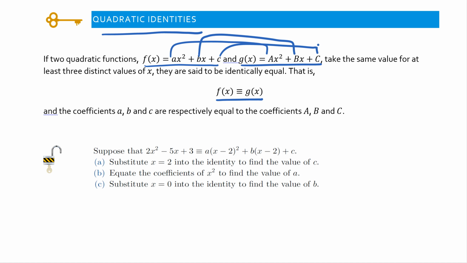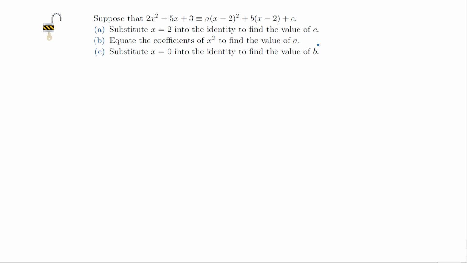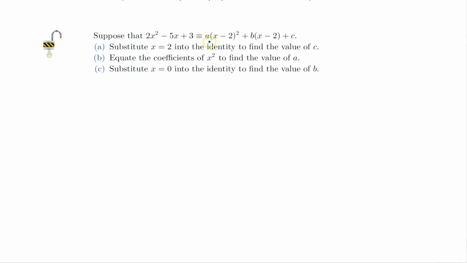So if we look at this example just here, where it says that 2x squared plus 5x minus 3 is identical to a quadratic written in that method there, we've got a way of doing that based on what we know already, which is that we could take the right hand side, we could expand out this bracket, we could expand out this bracket, we could gather together like terms, so we could gather all the x squareds up together, we could gather all the x's together, and we could gather all the constants, and we could write three equations and we could solve those simultaneously.